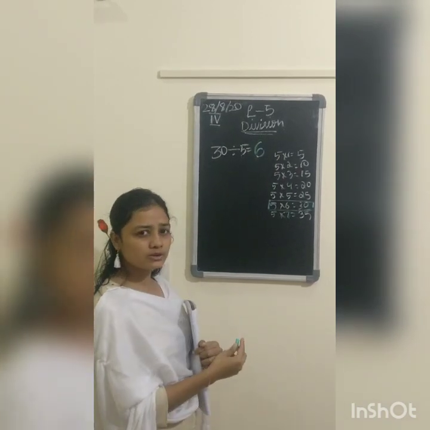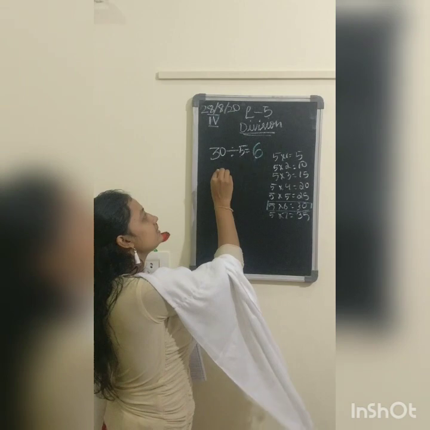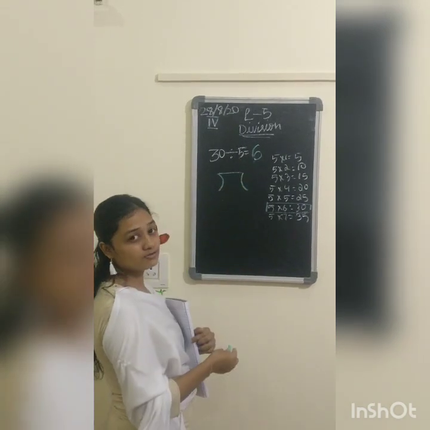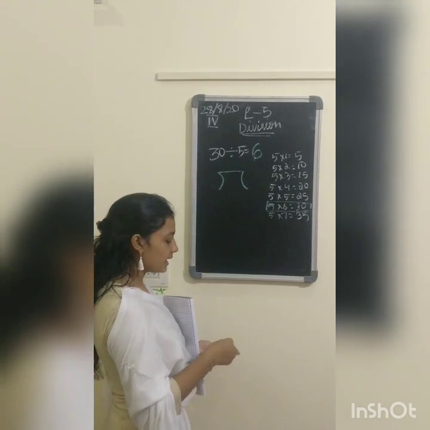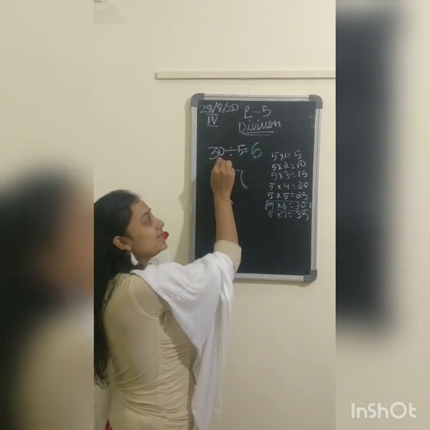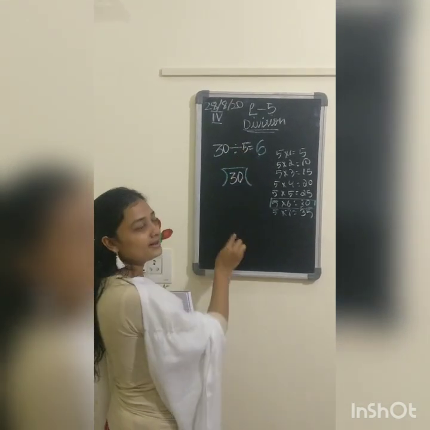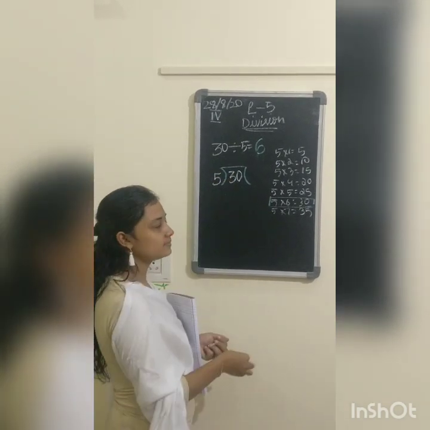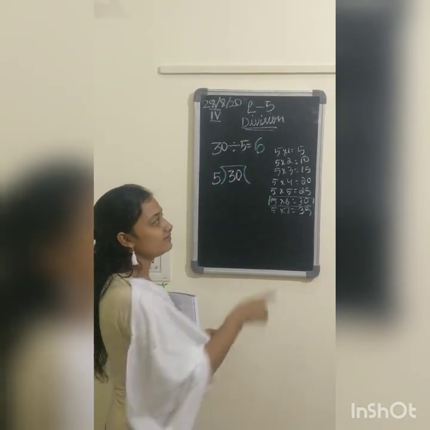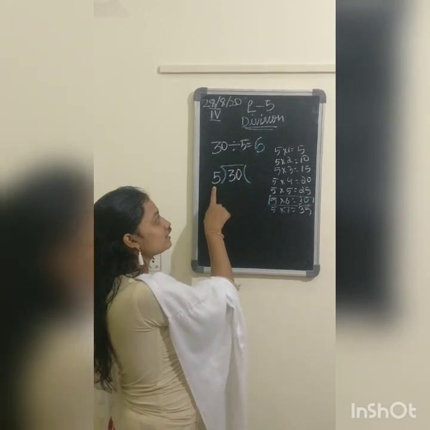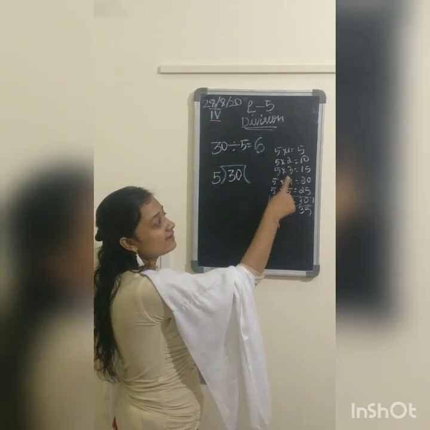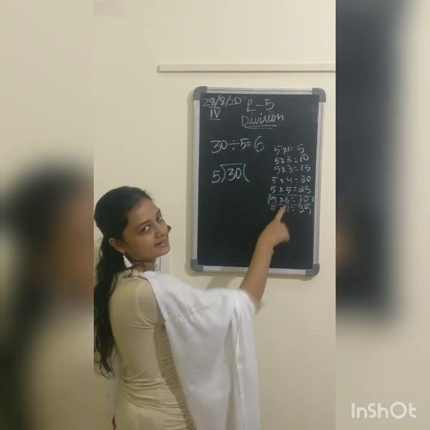I'll show you one more method of writing division. I have to draw a box like this and write my dividend inside and my divisor to my left side. So forget about the answer. We'll do it again. So when do I get 30 in the 5 table? That is 6 times.